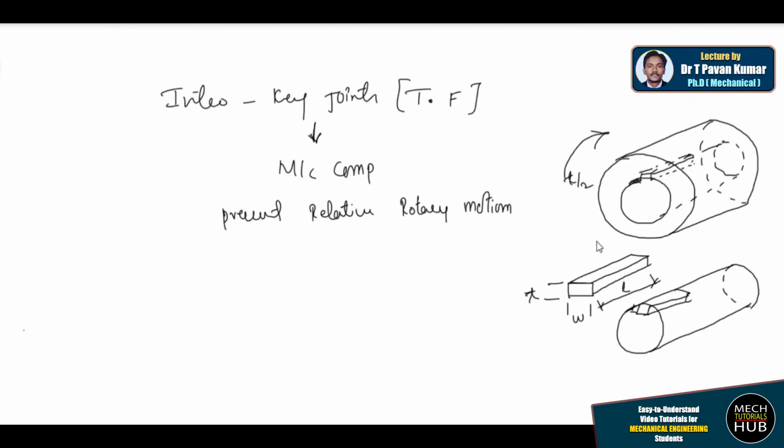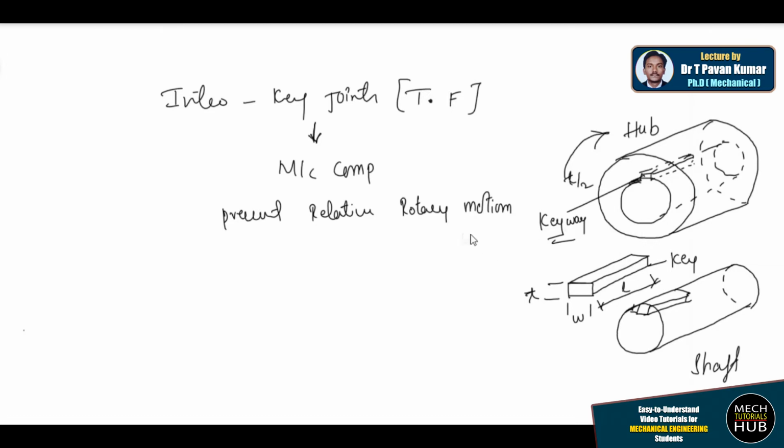That discussion we will see, but try to remember: the hub looks like this, and this is called the shaft. This is a key, and this we call the keyway. This is the terminology one should remember to understand the question properly before presenting it on the sheet conventionally using a drafter.